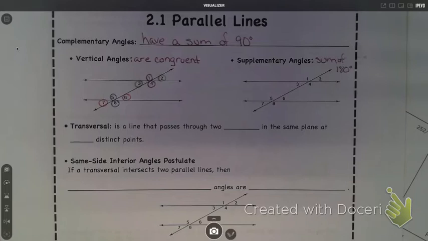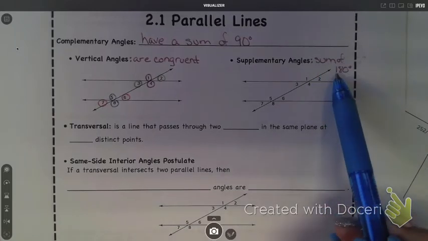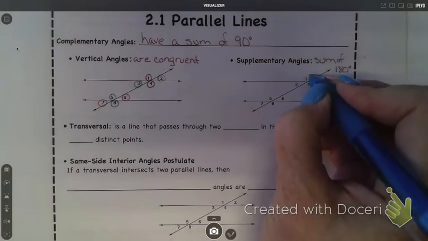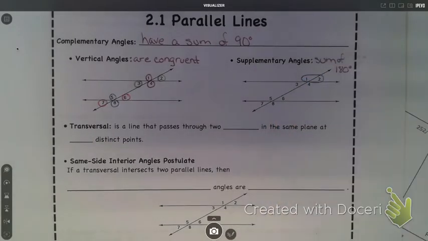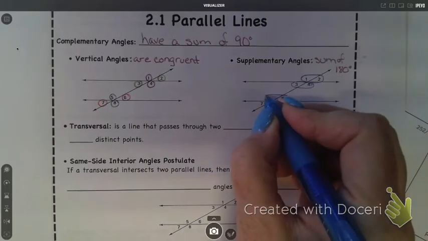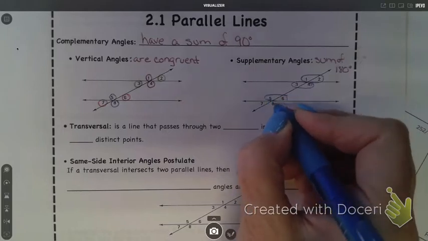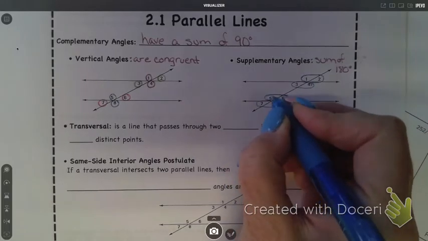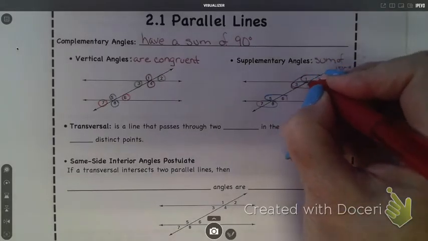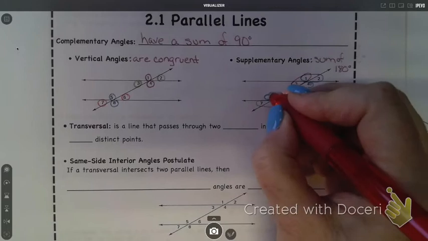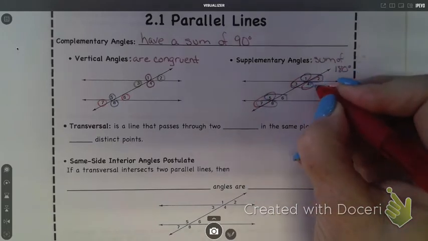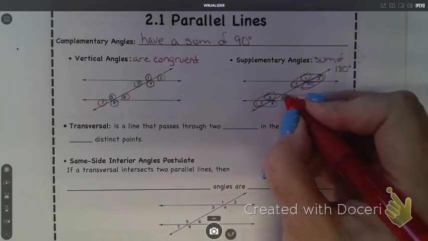Okay, so angles that are supplementary equal 180. 1 and 2, good job. 1 and 2, 3 and 4, 5 and 6, 7 and 8. Wasn't 3 and 1 also? Yes, I was waiting. 3 and 1 are also, 7 and 5, 2 and 4, 8 and 6.